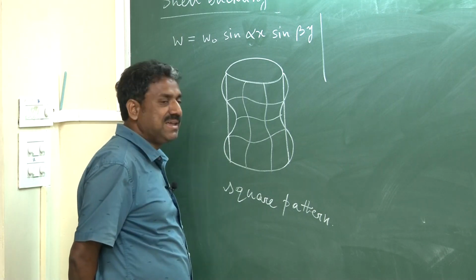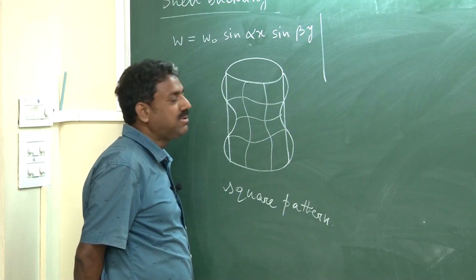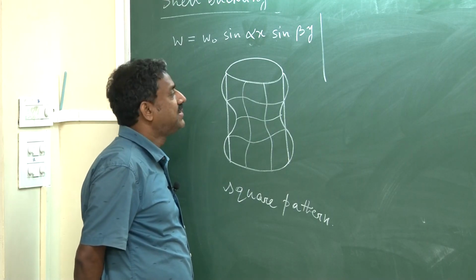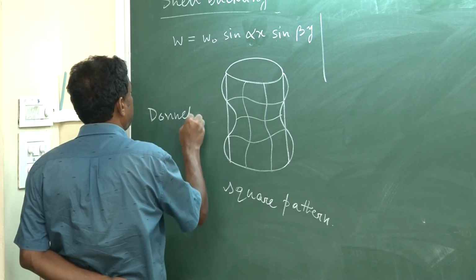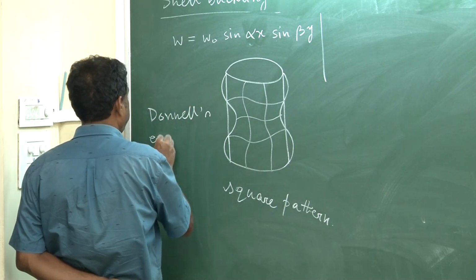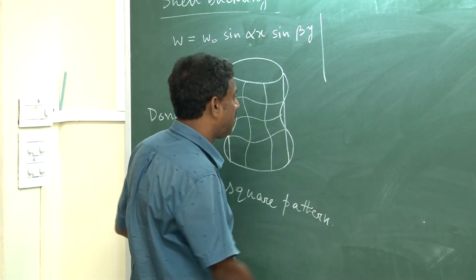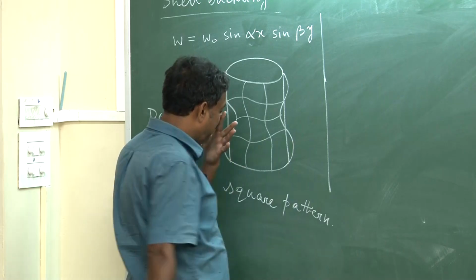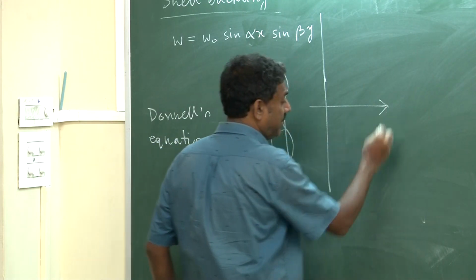So our buckling mode shape is essentially made of a square pattern. That was our assumption for the solution for substitution in Donnell's equation. But when you do the experiment, you will hardly see this kind of pattern form. The patterns are completely different, and I will explain why.